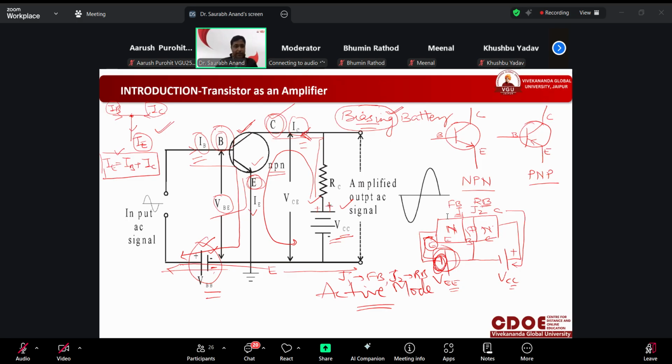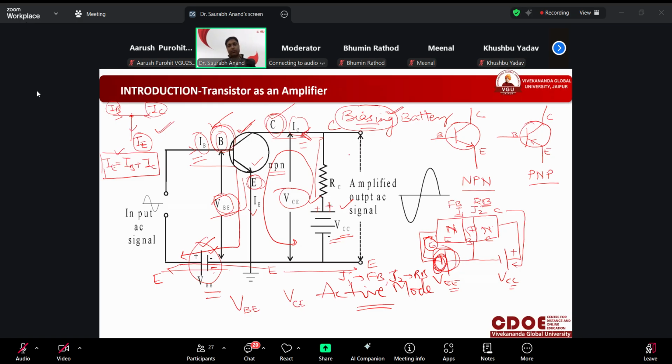We are applying input at base with respect to E, so the voltage applied at base will be VB with respect to E. Similarly, we are taking output at the collector terminal, so the output voltage will be VC with respect to E. You can see this is VB, this is VC. Got it? These are the voltages that we apply and get at the output side.